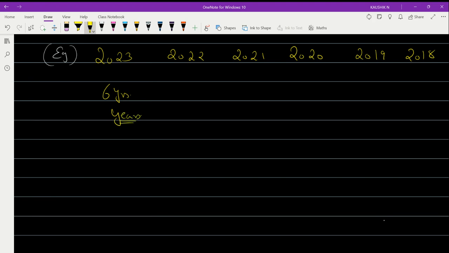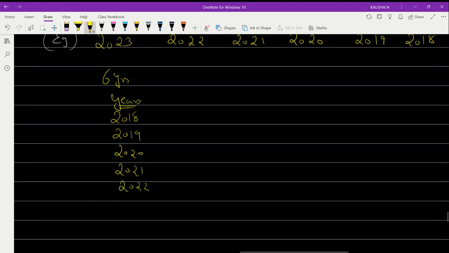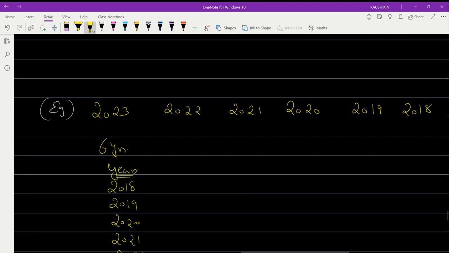That means it should go from 2018, 19, 20, 21, 22, 23.